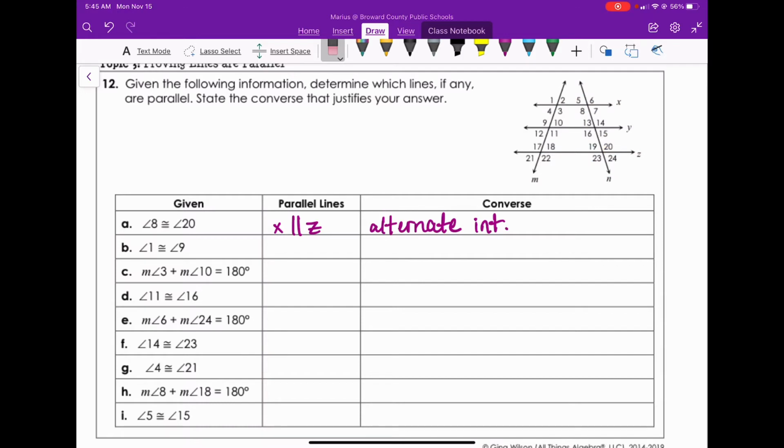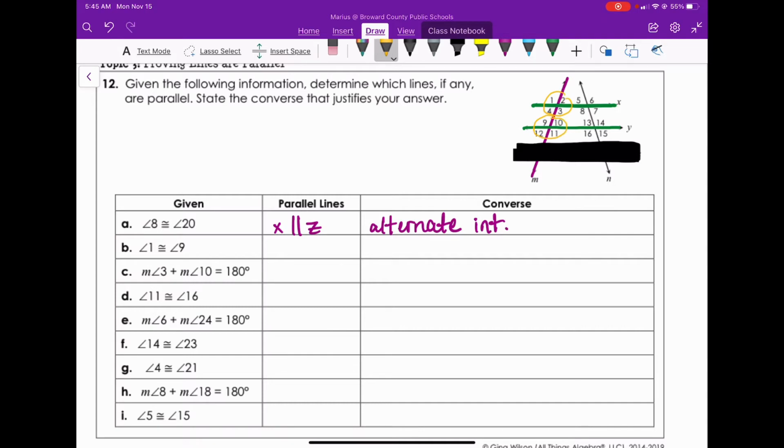All right, angle 1 and angle 9. The transversal is M, and angle 9 is on Y, angle 1 is on X, so we're not going to worry about this bottom line down there, Z. And let's do our circles.